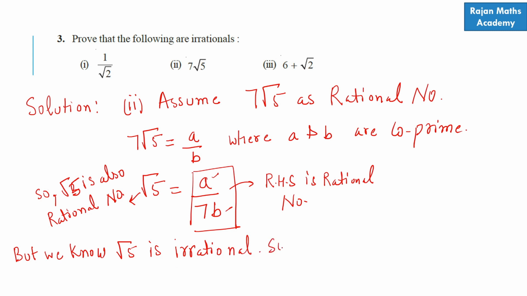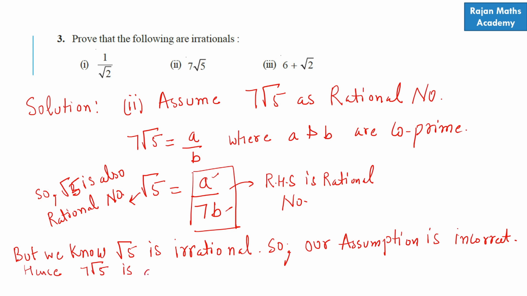So our assumption is incorrect. Hence 7 root 5 is an irrational number.